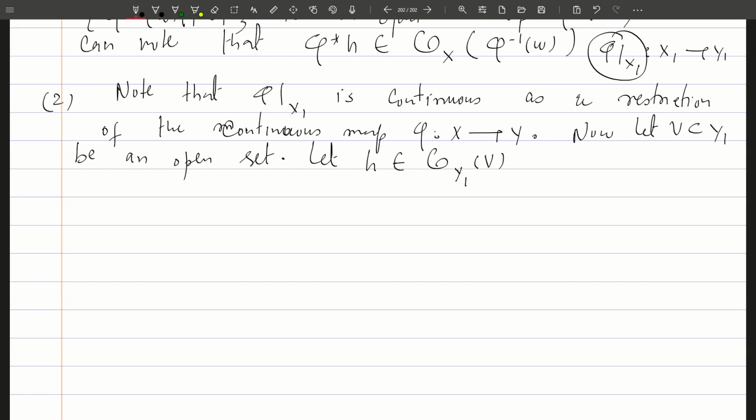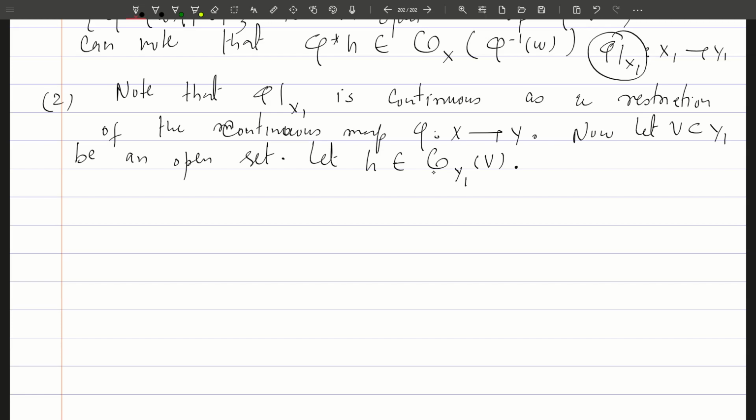Now, to prove that, remember that being a regular function is a local property. So instead of proving this for v, we can prove this for any neighborhood of an arbitrary point in v. Therefore, we can replace v by a smaller open subset.